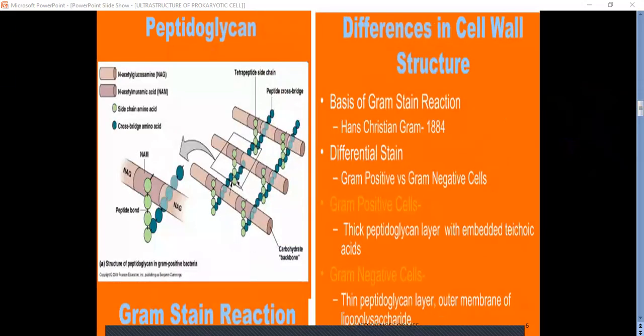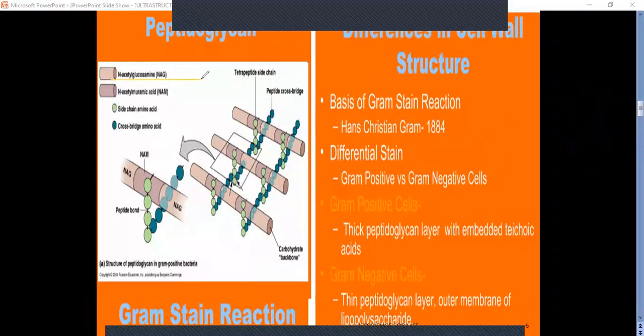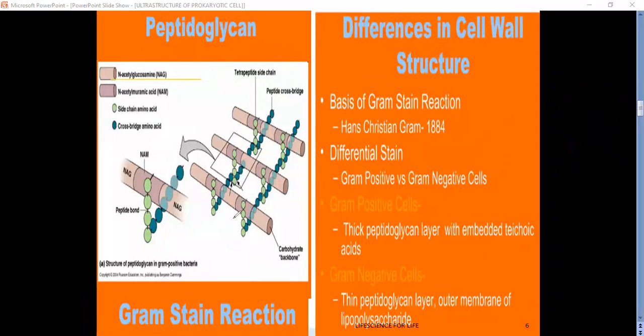So this is the network structure of peptidoglycan. Here see that N-acetyl glucosamine and N-acetyl muramic acid. For example, this is the N-acetyl glucosamine, and this colored one is N-acetyl muramic acid. And all these N-acetyl glucosamines are linear, and all the N-acetyl muramic acids are linear.